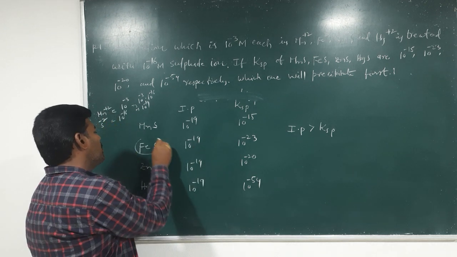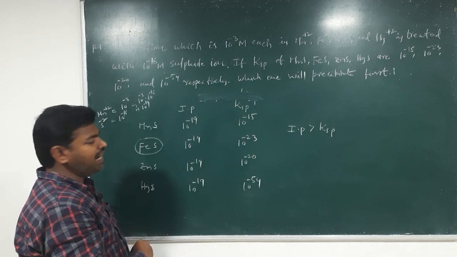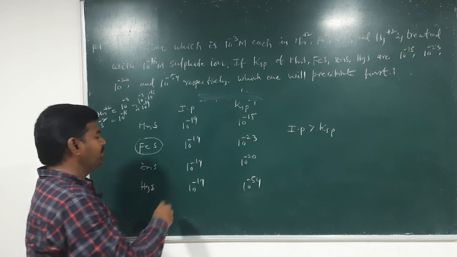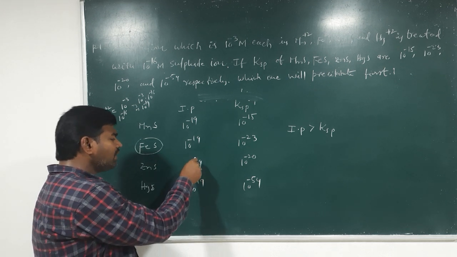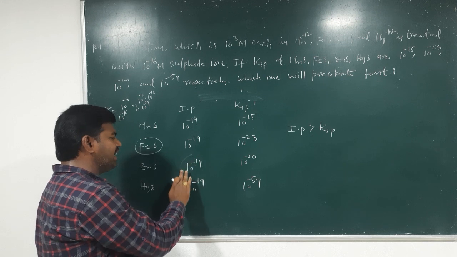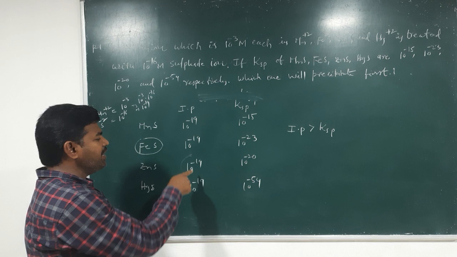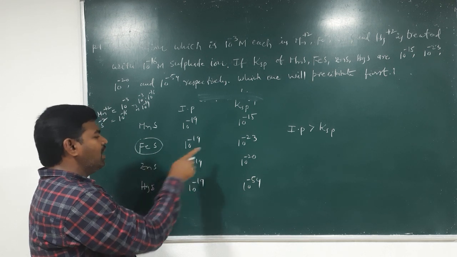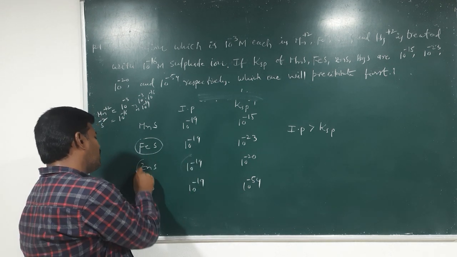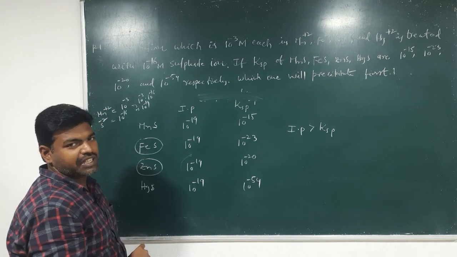In the case of zinc sulphide, ionic product is 10 power minus 19 and solubility product is 10 power minus 20, so ionic product is greater than solubility product and precipitation takes place.